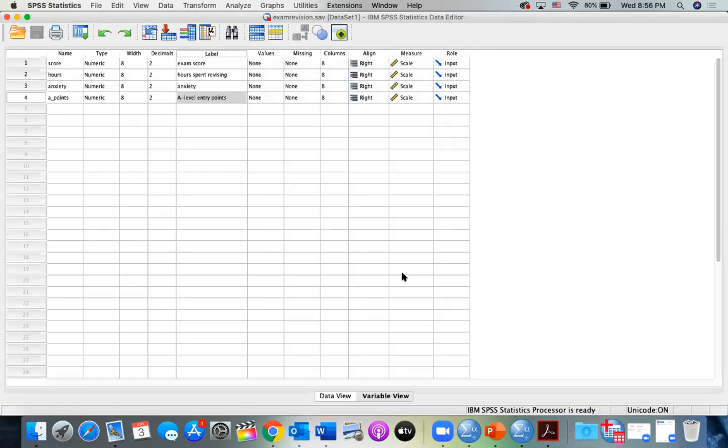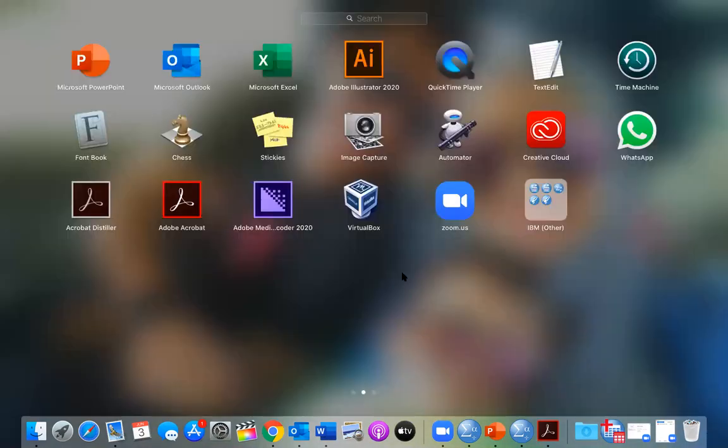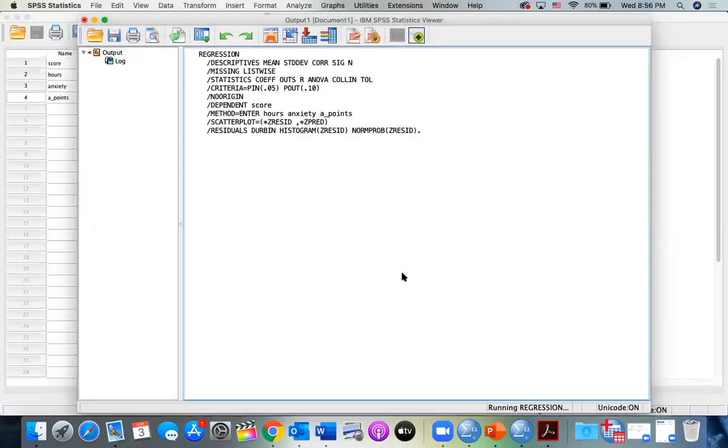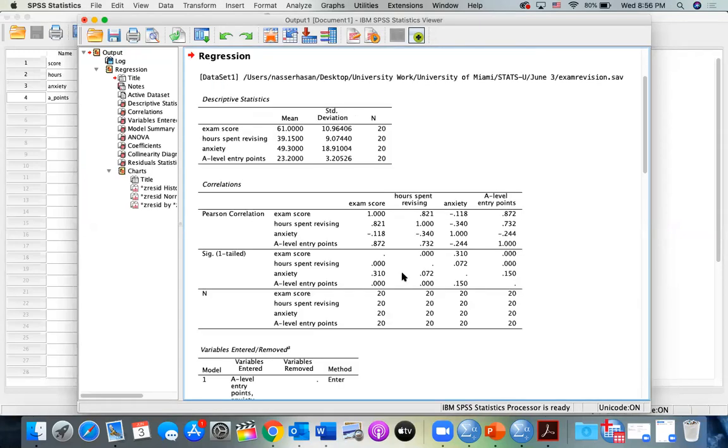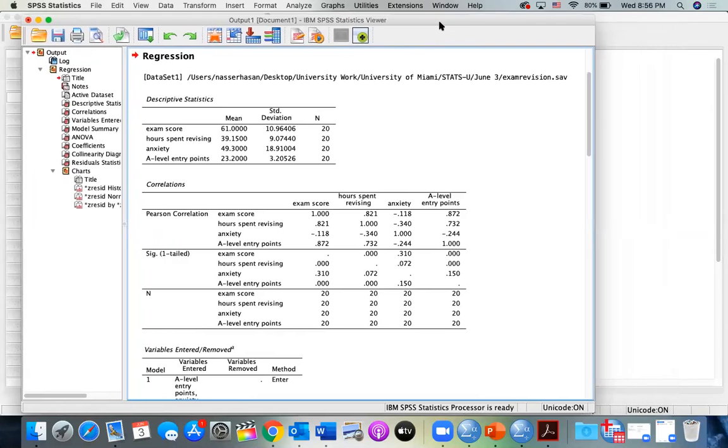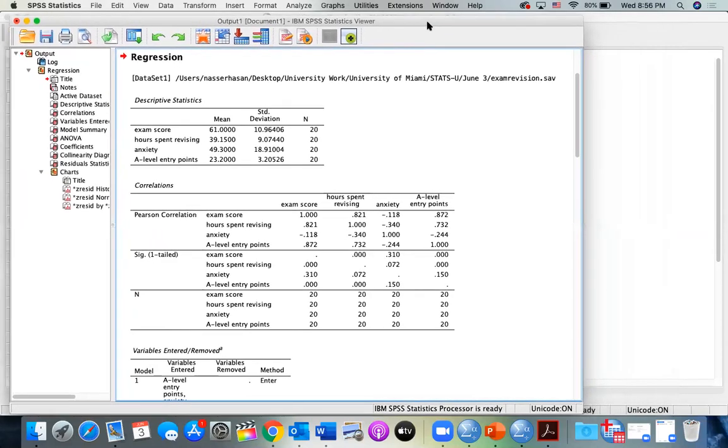You should get some tables. Is everyone able to see my output window? Great. Is there any error?